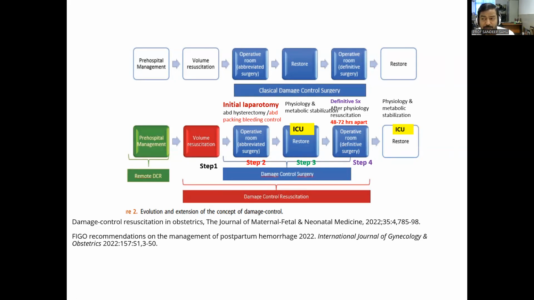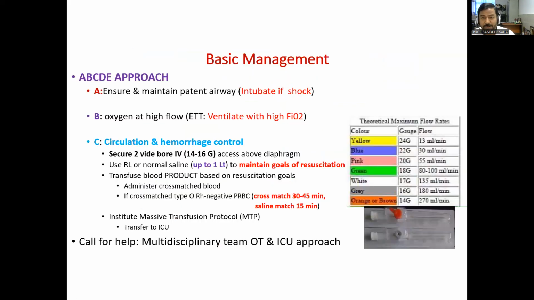So no definitive or prolonged surgery in unstable patients. After stopping the bleed during surgery, the patient goes to the ICU. This is the concept, and the basic management in any hemorrhagic shock patient is the ABCD approach.